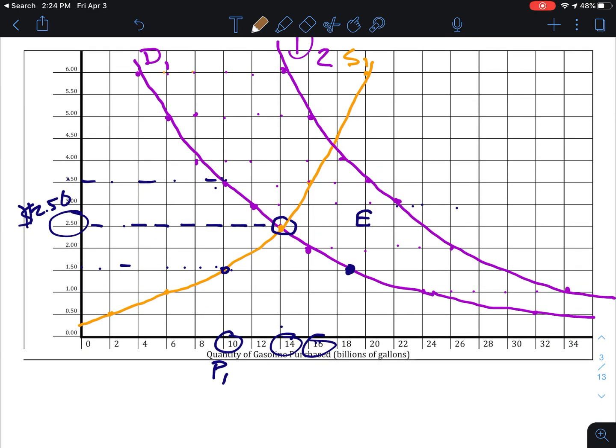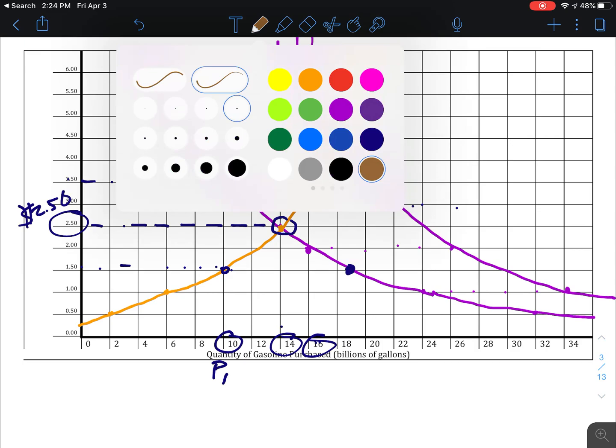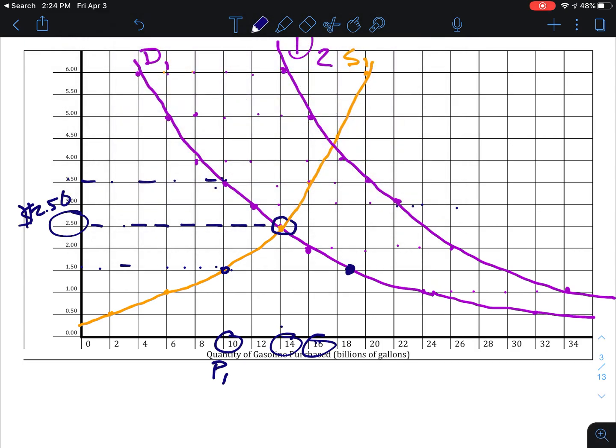So we're back up here, right? If we come back to this place, we've got equilibrium 1 down here, and then we drew this next curve out here, and that became our second demand curve.